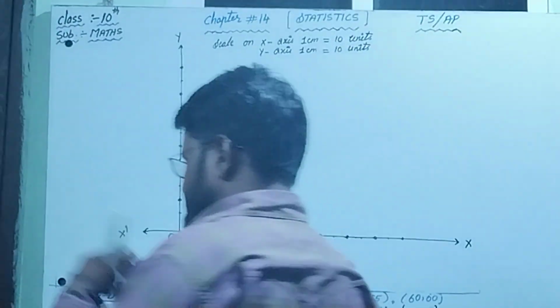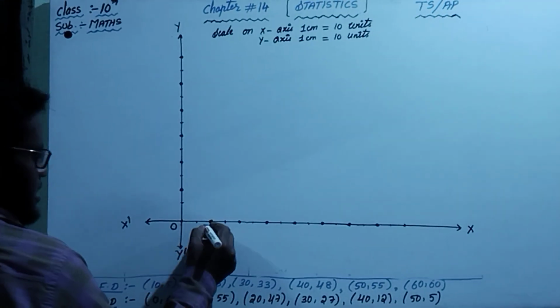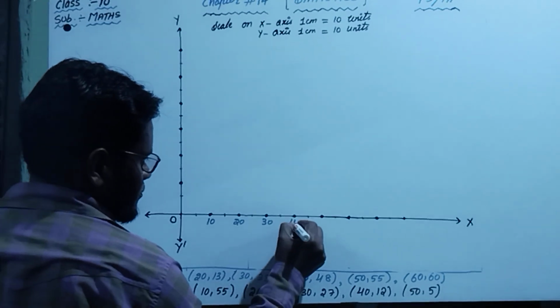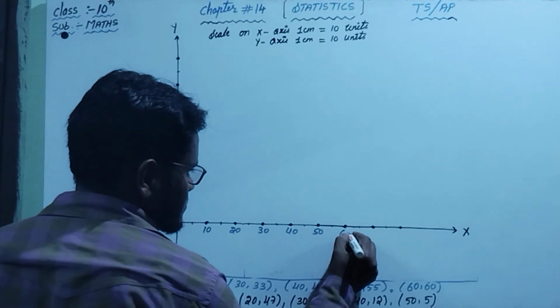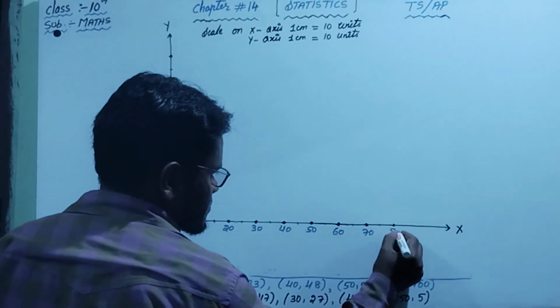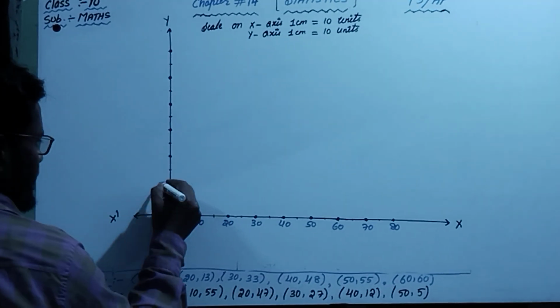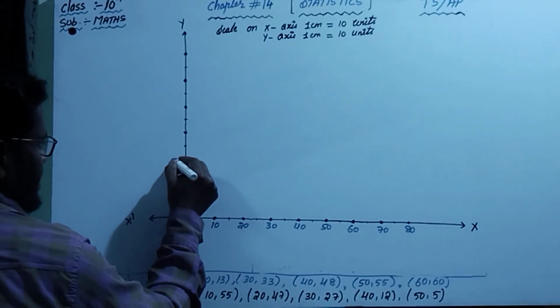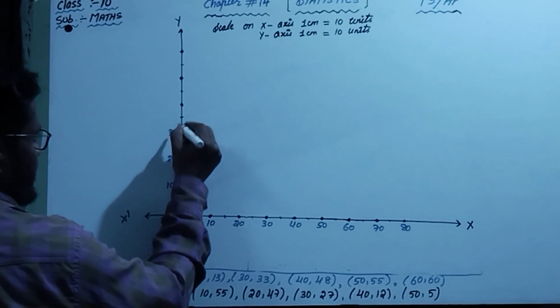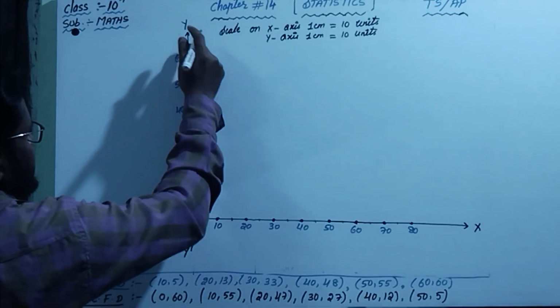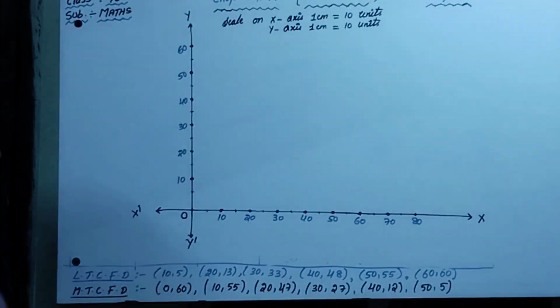So let's plot the points now. 10 units are taken on x axis: 10, 20, 30, 40 and so on up to 80, and on y axis the same: 10, 20, 30, 40, 50, 60, 70 and so on.